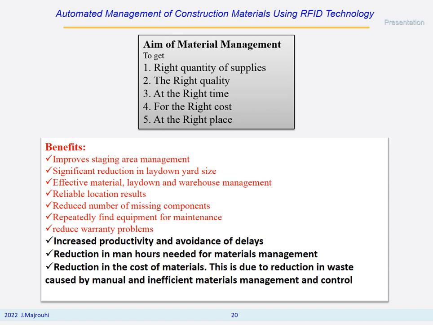Benefits we expect are improved staging area management, significant reduction in laydown yard size, effective material laydown and warehouse management, reliable location results, reduced number of missing components, repeatedly finding equipment for maintenance, reduced warranty problems, increased productivity and avoidance of delays, reduction in man-hours needed for materials management, and reduction in the cost of materials. This is due to reduction in waste caused by manual and inefficient materials management and control.